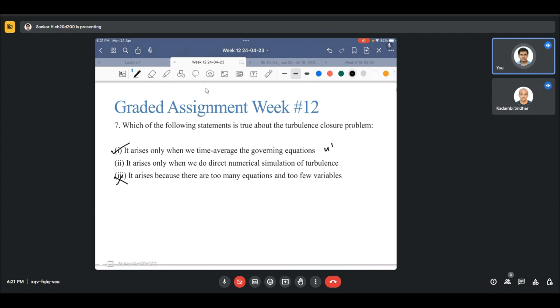Therefore, the eddy viscosity will be higher at the center. It is isotropic. That means there is no variation of the eddy viscosity in the x, y, and z direction. If the eddy viscosity in the x direction is, let's say, 5, then in the y direction as well as in the z direction it is also 5, which means that it is isotropic.